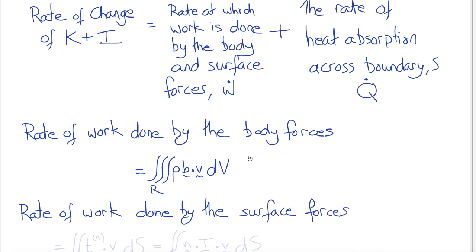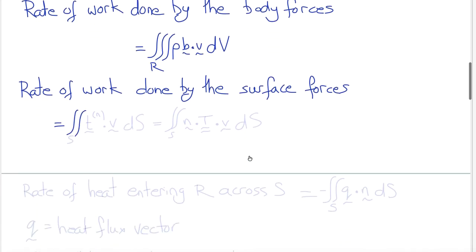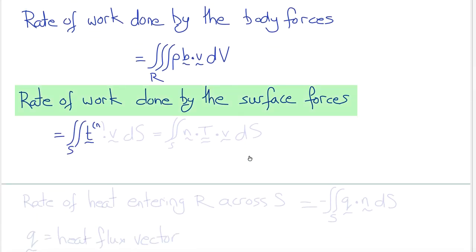The rate of work done by the surface forces is similarly the surface integral of Tn dot V with respect to S, or using Cauchy's formula, Nt, where T is the stress, dot V dS.